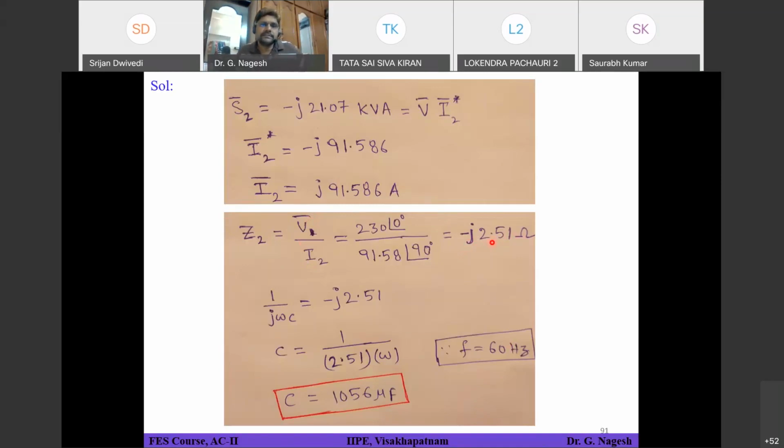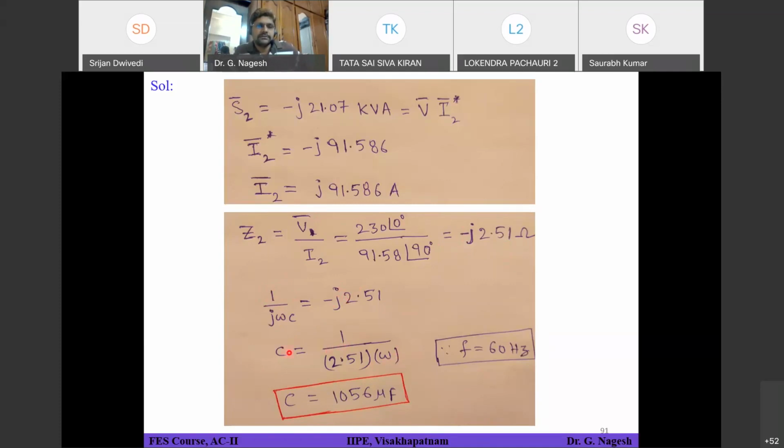So this is capacitive reactance because you are going to get a minus in this Z2. A negative value always equals a capacitance, that means 1 by j omega C is equal to this, or minus j by omega C is equal to this. The j's get cancelled, and omega is 2 pi f, with f equal to 60 hertz.